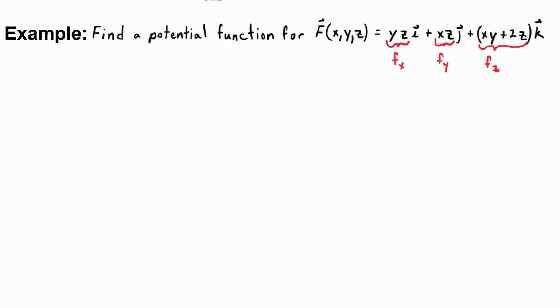So here's what I can say then. f of x, y, z, remember, I don't always write down the letters that stand for the inputs, but on this first example I want to emphasize it has 3 inputs, right? x, y, and z. Couldn't we integrate this first component with respect to x, since it's f sub x?